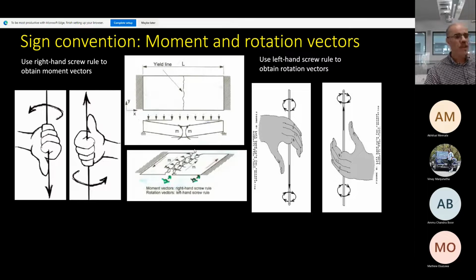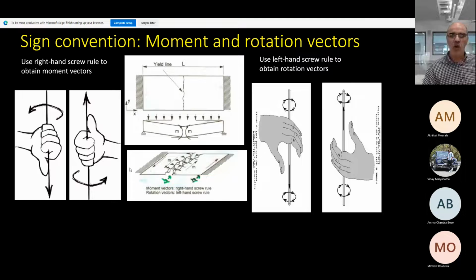And you do the same for the right side, always with the left hand. Going down, the thumb gives me this direction. For this example, moment and rotation vectors are in the same direction.